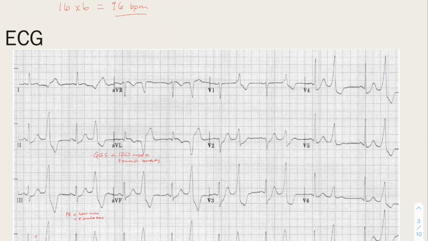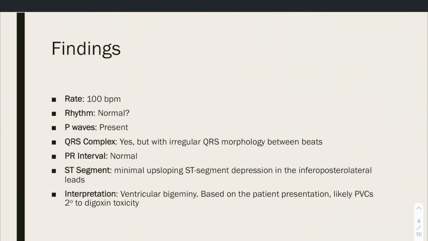So let's talk interpretation. So what did we find? We were at a rate of about 100 beats per minute. It actually ended up being 96, right? Using the 10-second method. The rhythm is normal sinus rhythm, but there are those abnormal beats that were happening in between every normal conductance.